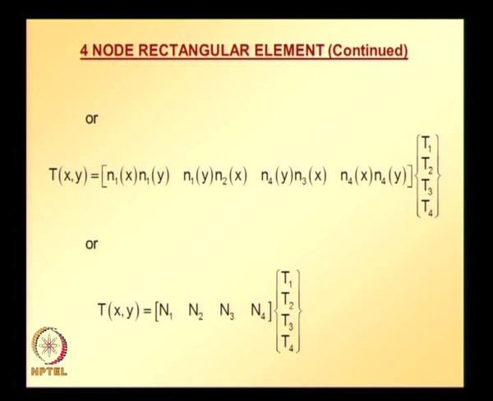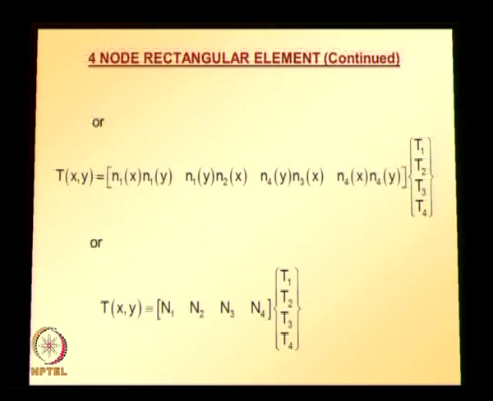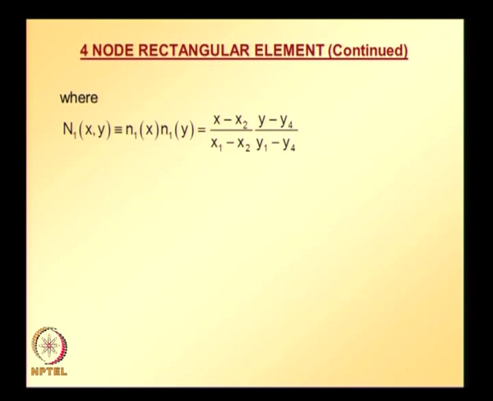So, we can write what is capital N1, capital N2, capital N3 and substituting what is small n1 as a function of x, small n1 as a function of y, we get N1 like this, which is basically derived based on Lagrange interpolation formula in x direction multiplied by Lagrange interpolation formula in y direction at node 1.